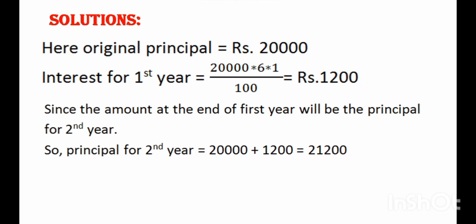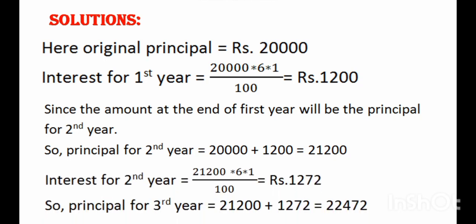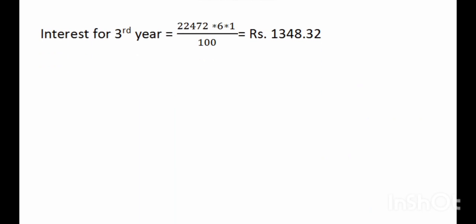After solving this, we have to take the interest. Now we get an interest of 1,272. Now we have to add this to the principal for second year. So once we add, 22,472. Now we have to find the interest for third year, which is 1,348.32. I hope you understood everything.